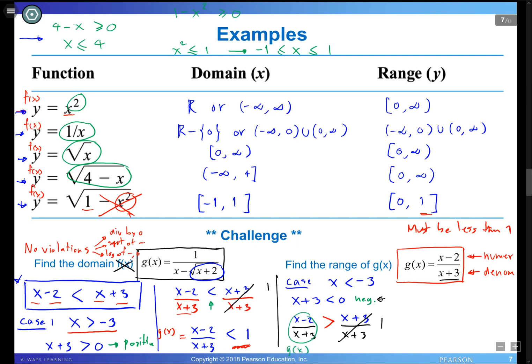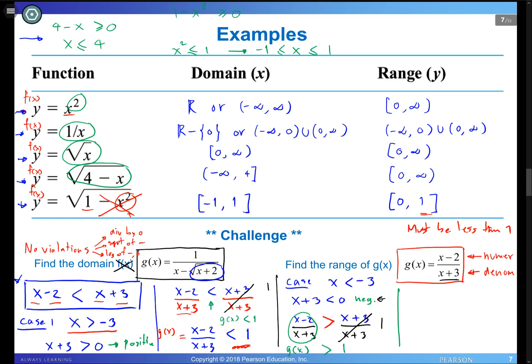Alright, let's conclude this. From this case, g of x greater than 1. And from the first case, on the left hand side, g of x less than 1. So we are going to combine them together.